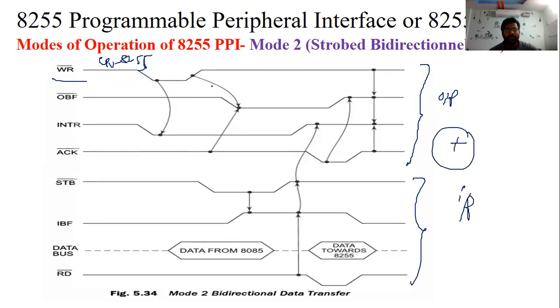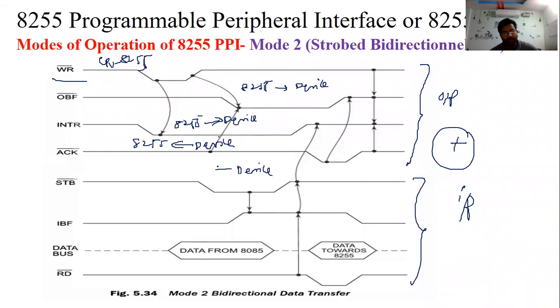So OBF means here 8255 to the device. This is the interrupt request, also 8255 to the device. Acknowledgement: who generates this acknowledgement? The device generates the acknowledgement. Again, what is the STB signal here? The STB signal is generated by the device to the 8255; you can see this arrow.